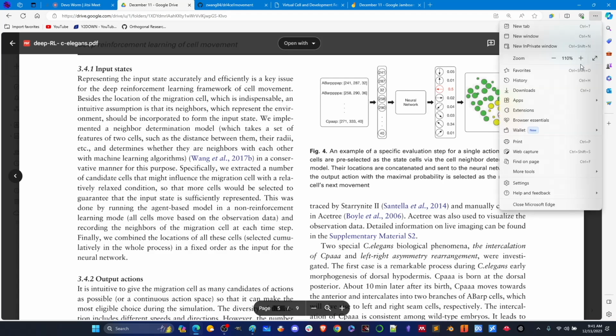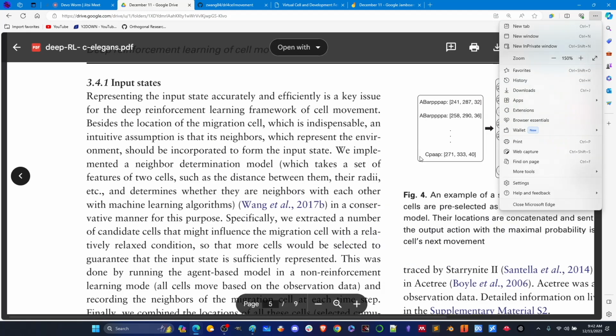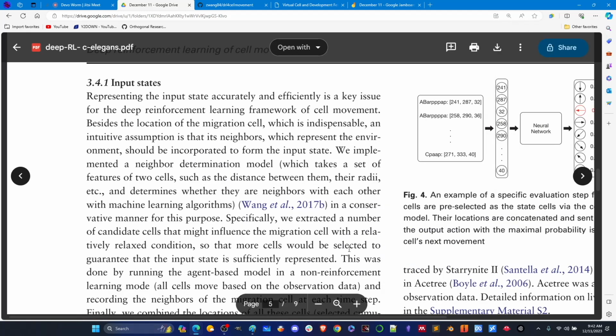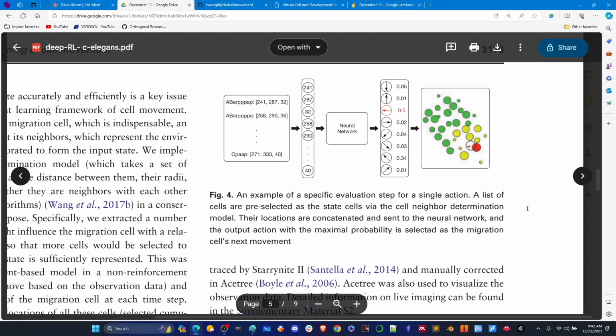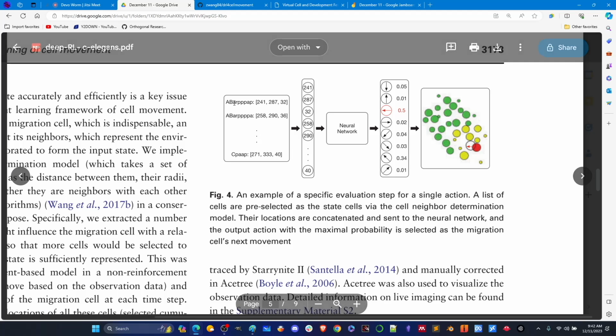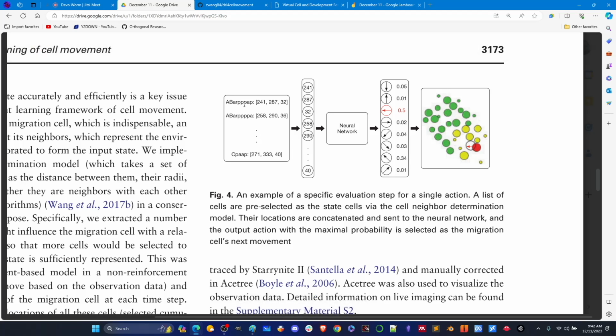Let's look at this figure too. This is figure 4. This is where we have a specific evaluation step for a single action. So the way this works is that you have your cells, this nomenclature. This is AB, AR, PP, PAP. So this is where you have the AB sublineage, and then there's an anterior division, a division to the right, a division posterior, posterior, posterior, anterior, and then posterior.